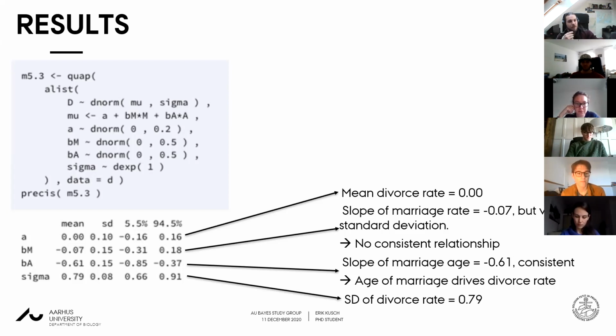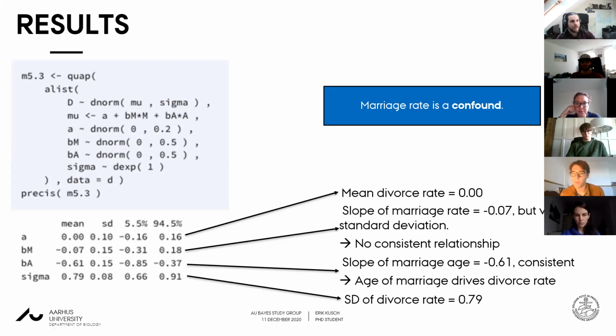Now, the slope of marriage age is also negative, but very much stronger at -0.61 and an interval which is clearly in the negative. Now, this tells us that age of marriage drives the divorce rate. Finally, the standard deviation of the overall divorce rate is of a magnitude of around 0.79 standard deviations.